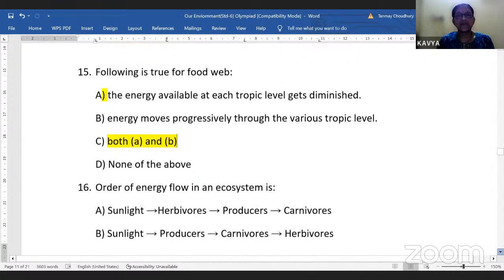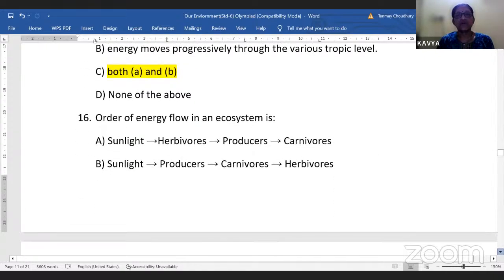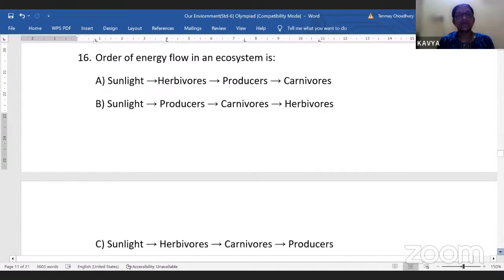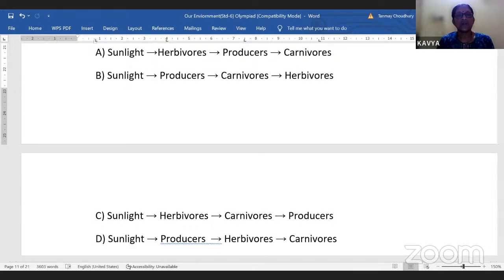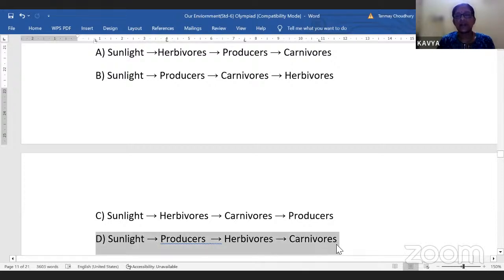Order of energy flow in an ecosystem. Now see the order of energy flow. It will be from sunlight captured by producers. From producers, it will go to the herbivores. From herbivores, it will go to the carnivores. So this will be the energy flow in any food chain.